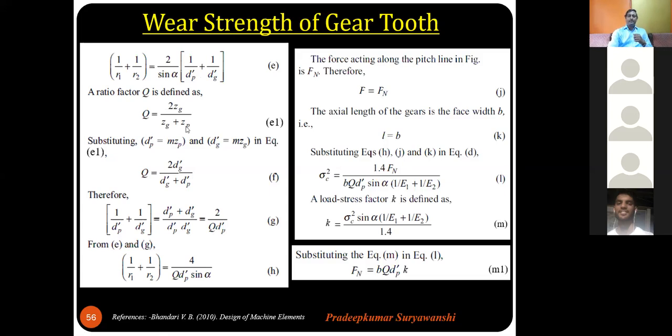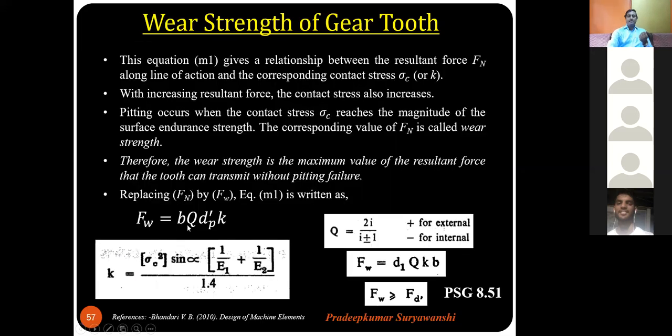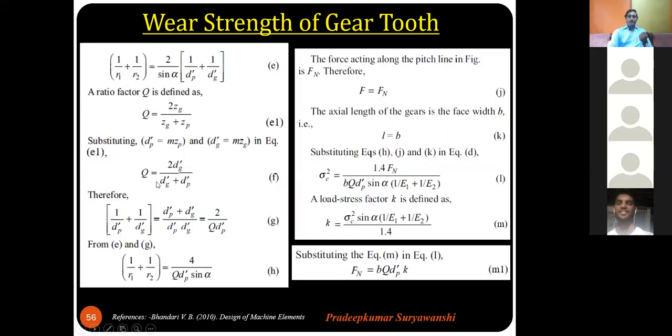We know the relation between the number of teeth and the pitch circle diameters, so we can convert this Q in terms of pitch circle diameters as shown here by this expression, and we can further write this particular expression, bracket 1 upon dp prime plus 1 upon dg prime, as this, and when you substitute for Q, we end up in this equation.